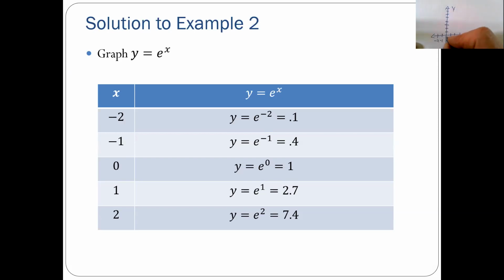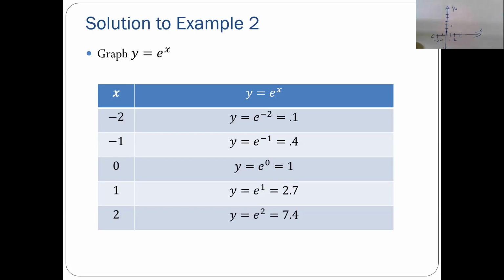So if we plot these points, it's -2 and 0.1, -1 and 0.4, 0 and 1, 1 and 2.7, and then 2 and 7.4. 1, 2, 3, 4, 5, 6, 7. And I estimated those. I kind of did that quickly.